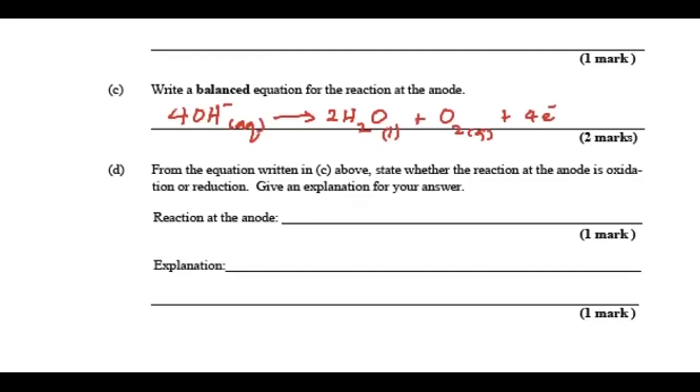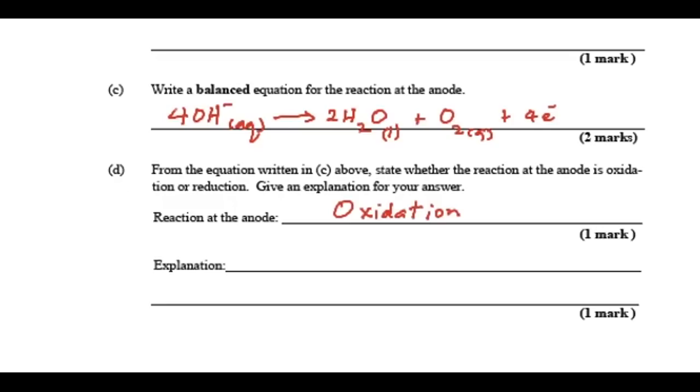From the equation written in C above, state whether the reaction at the anode is oxidation or reduction. And even if we cannot spot it from the equation above, we can write oxidation. And this is because we know that oxidation always occurs at the anode.